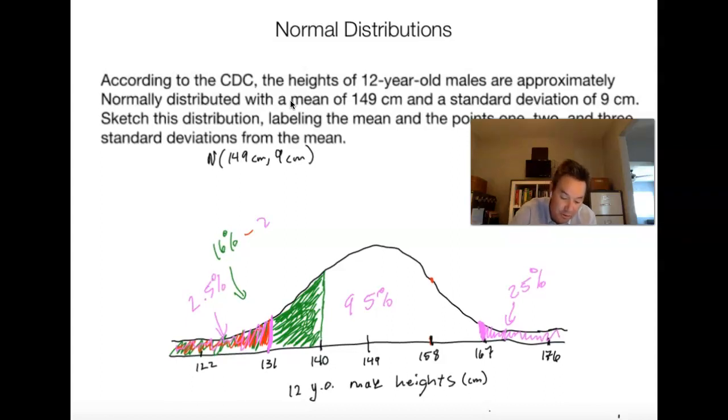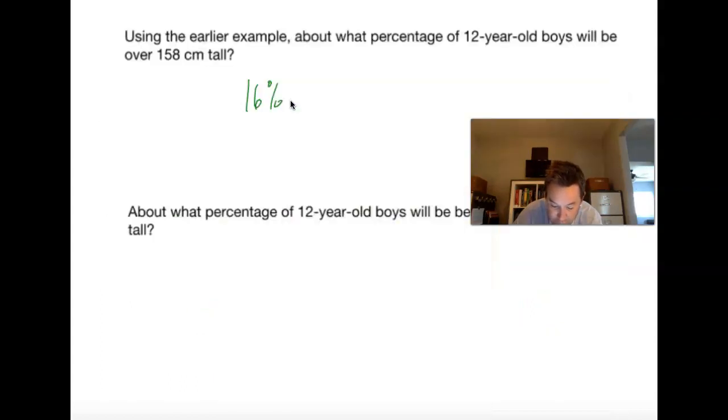So that's what I'm looking to subtract off of my 16%, which is then going to leave me with just 13.5%. All right, so in that green shaded area, that's 13.5% of my data. So 13.5% of 12-year-old boys will be between 131 and 140 centimeters tall.